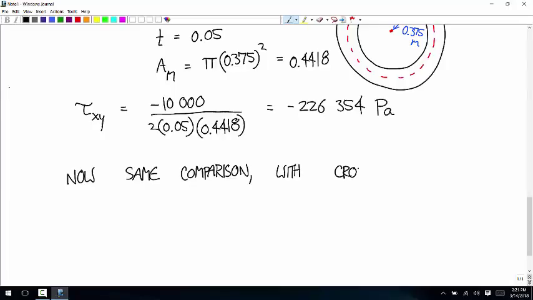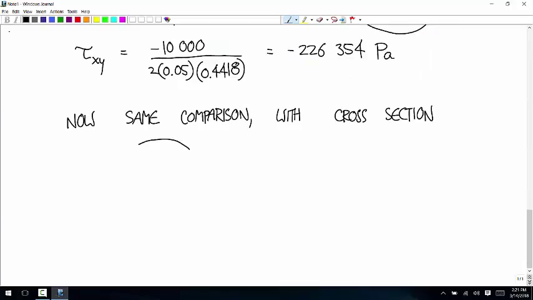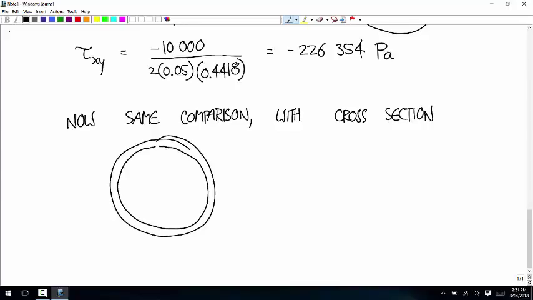So we'll do a cross section where the outer radius is still 0.4 and the inner radius is 0.39.